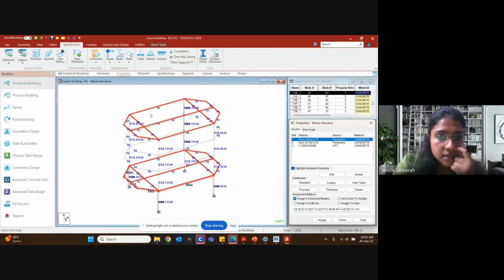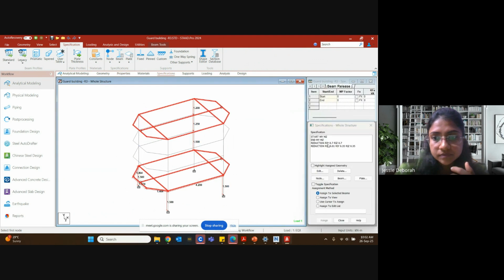If you make both places a fixed support, what will happen is the load that this is going to take will be very high, so it can develop a crack here. The moment will be very high here, so you might have to over reinforce or over construct this. So what we have actually done is we have released these supports.